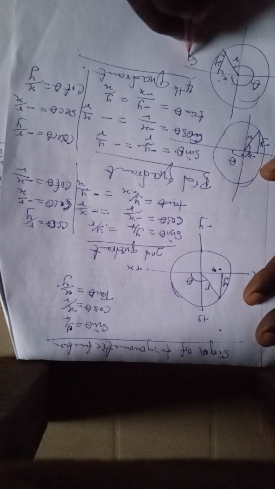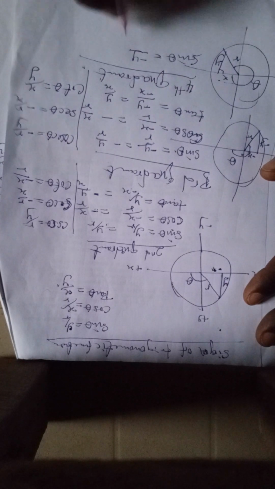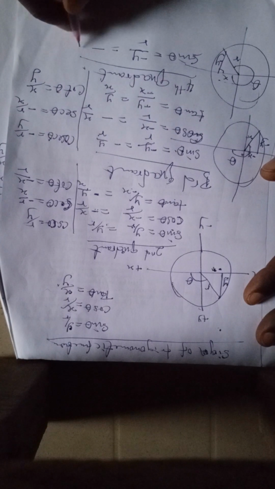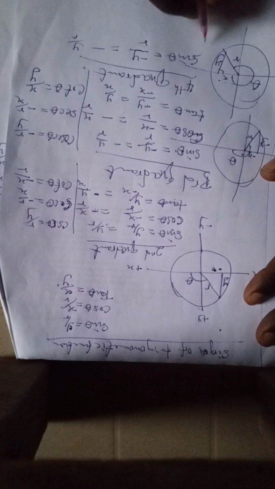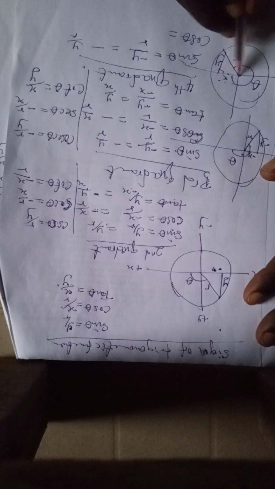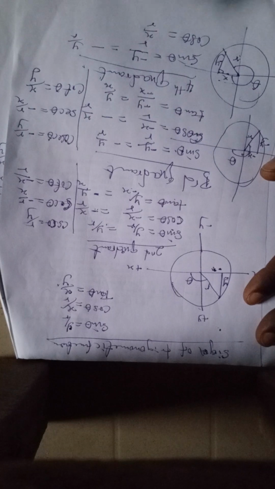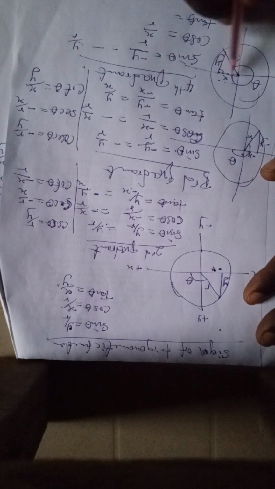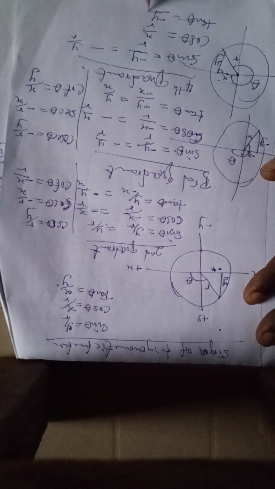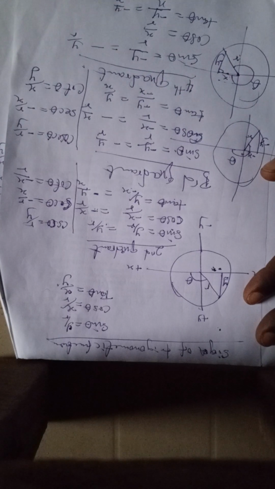In the fourth quadrant, sine theta is opposite over hypotenuse, which is minus y over r, so it's negative. Cos theta is adjacent over hypotenuse, which is x over r. Tan theta is opposite over adjacent, which is minus y over x, so it's negative.